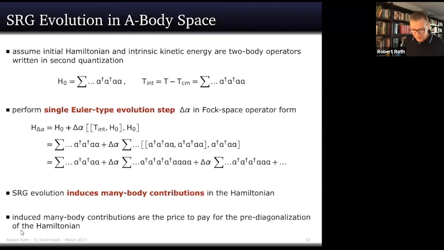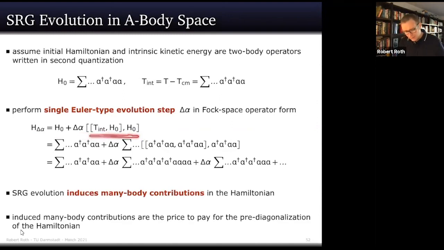So this is kind of an Euler type approximation for this initial value problem that we are going to solve. If you write that, then you see that the original Hamiltonian is modified in one step of this evolution by this double commutator that makes up the right-hand side of my flow equation.